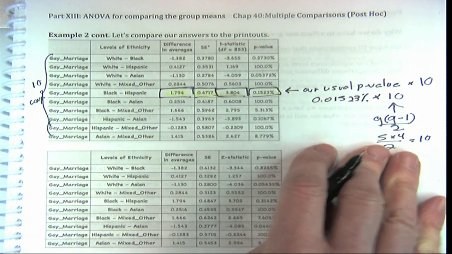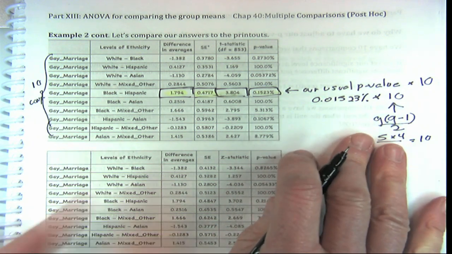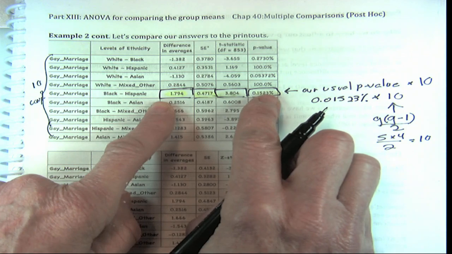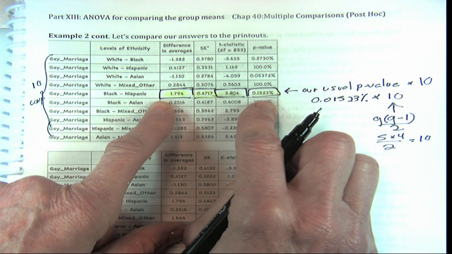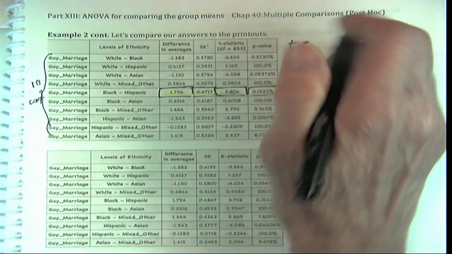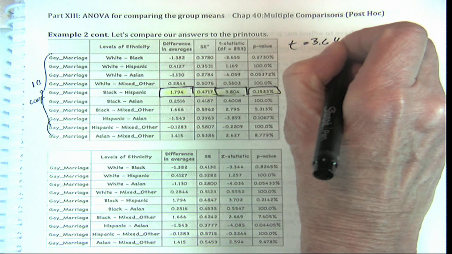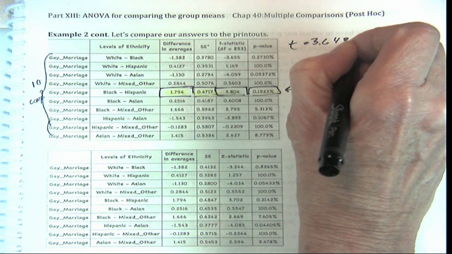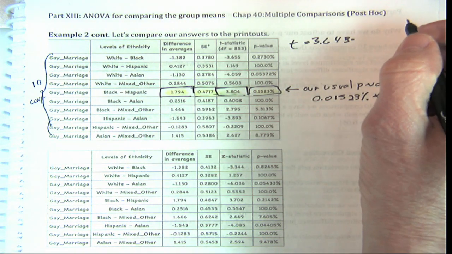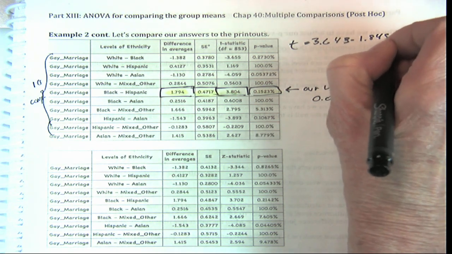Because we're looking at 10 comparisons at once, this is exactly what we did here. I'll write it again so you can see. This was the difference, 3.643 minus 1.848.